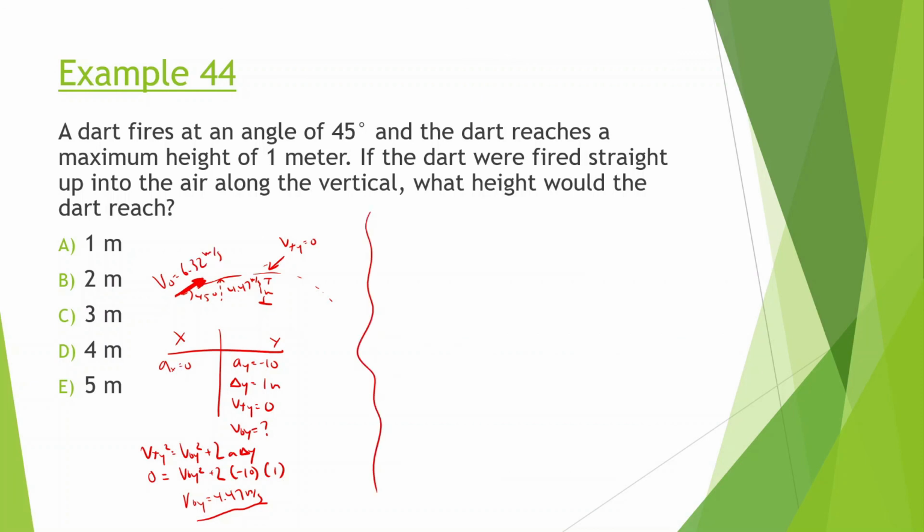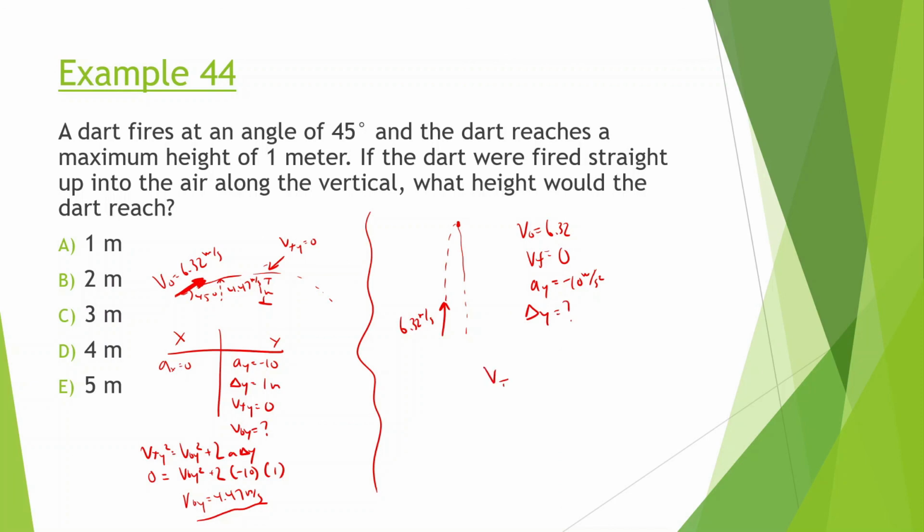So knowing that piece of information, if I shot this straight up at 6.32 meters per second, let's see what the highest point is. Okay. So what do I know? Initial velocity 6.32. What I know is at the highest point, the final velocity is 0. I know acceleration of y is -10. And then I'm looking for when it reaches the final velocity of 0, what is the displacement?